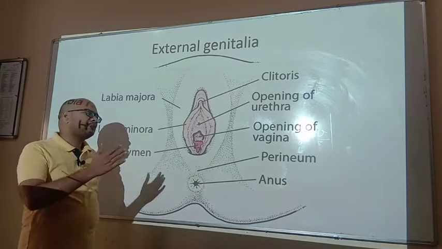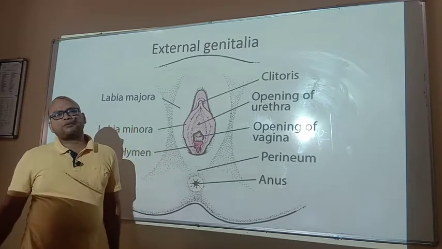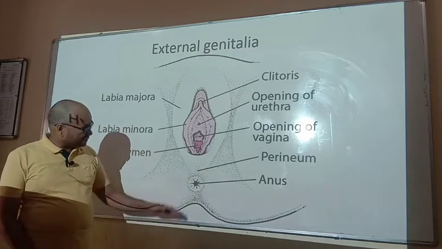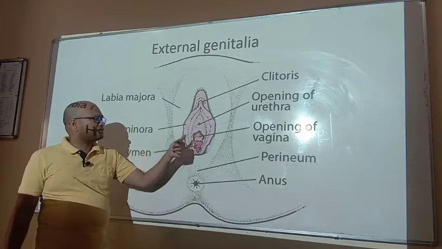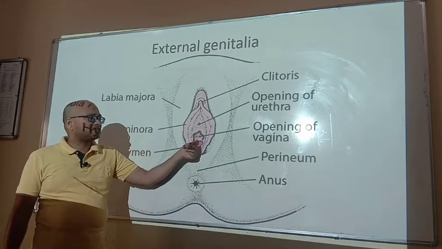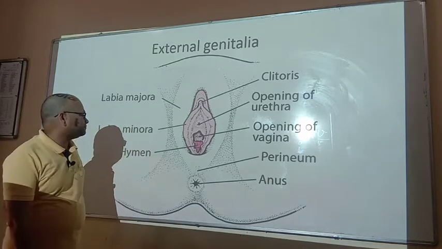That's why in the male those apertures are collectively called urinogenital apertures. But in the female, the urinal aperture is separate from the genital aperture. This is the genital aperture, called the vaginal orifice or vulva or opening of the vagina.